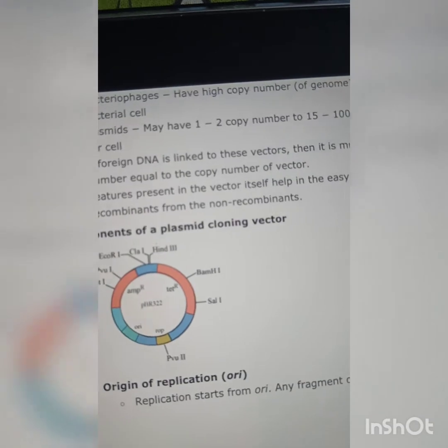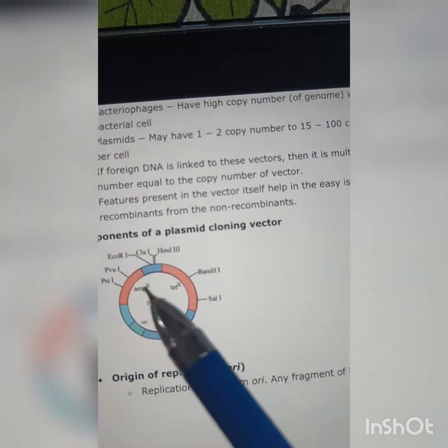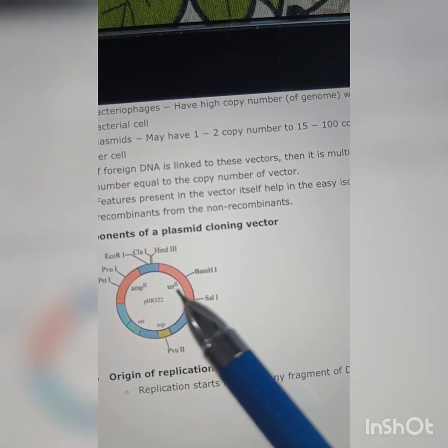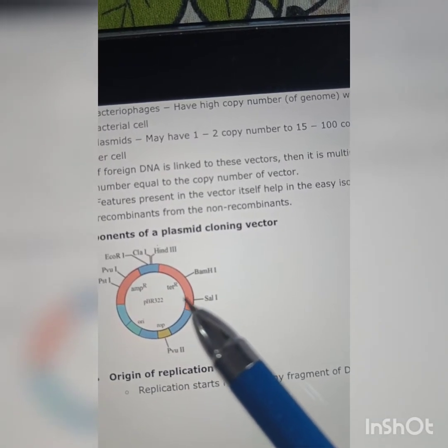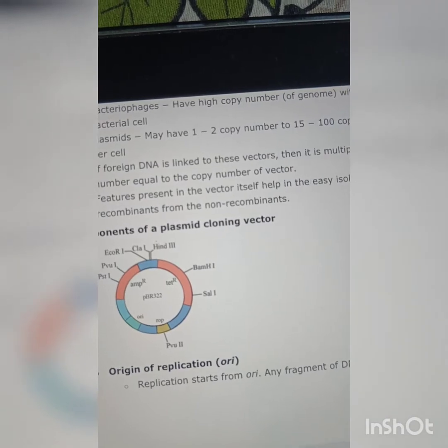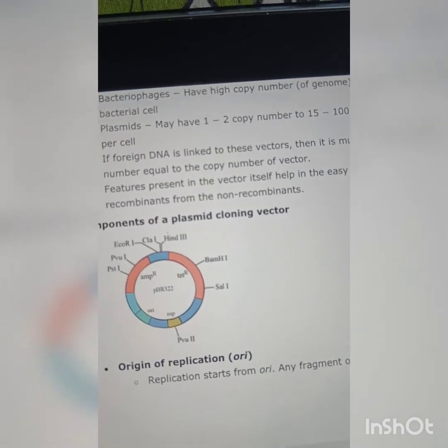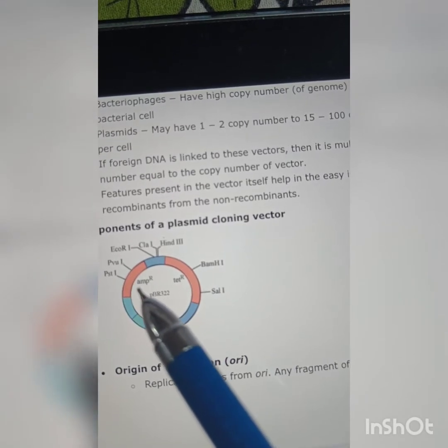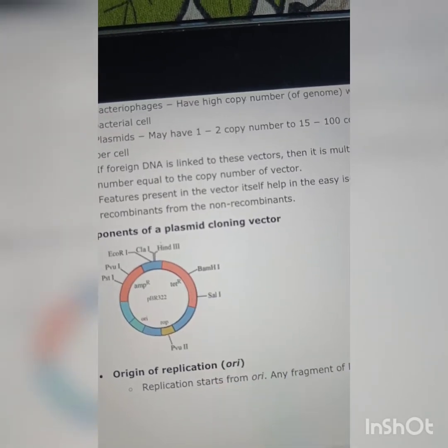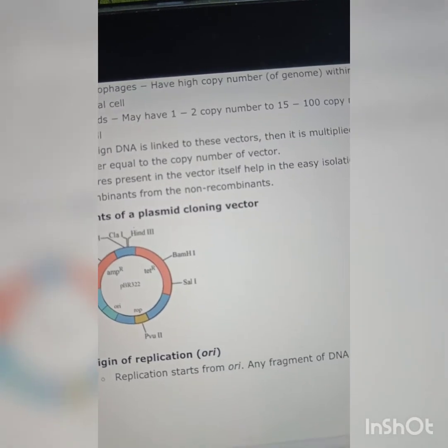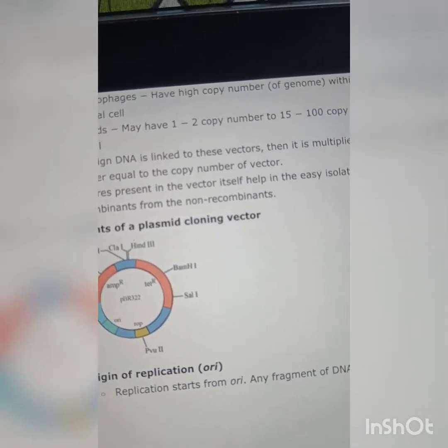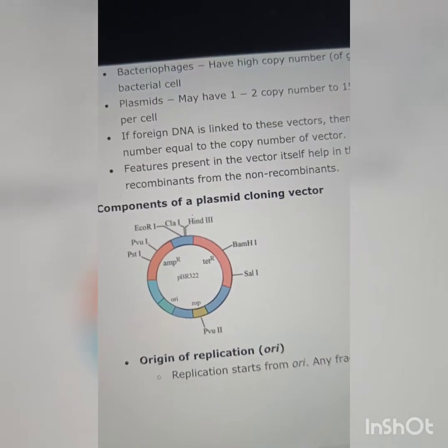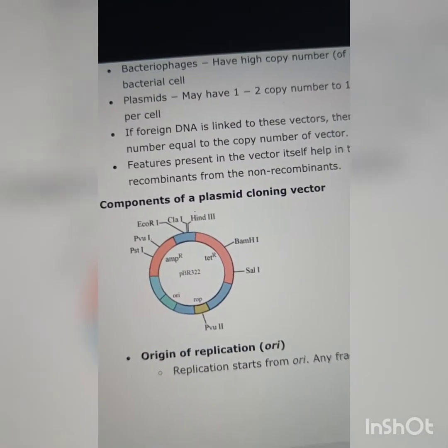Apart from that, students, here they have written AMPR and TETR, ampicillin resistance and tetracycline resistance. These are antibiotics basically. And in this vector, what is the special quality? It has the ampicillin resistance gene and the tetracycline resistance gene, which will provide resistance to these types of antibiotics.